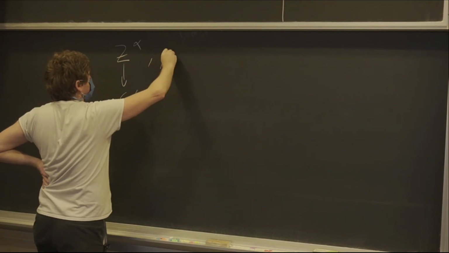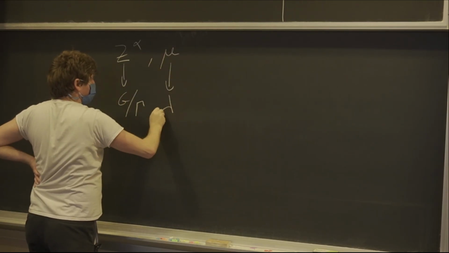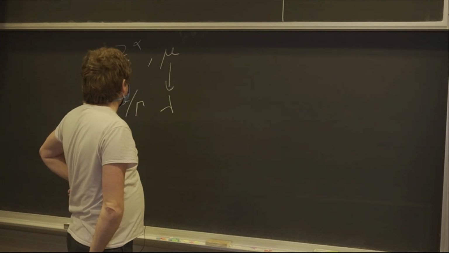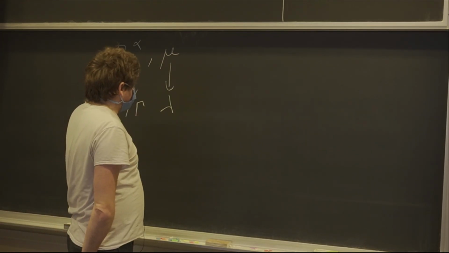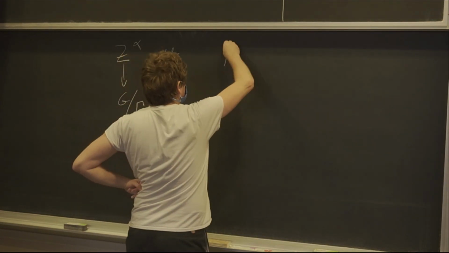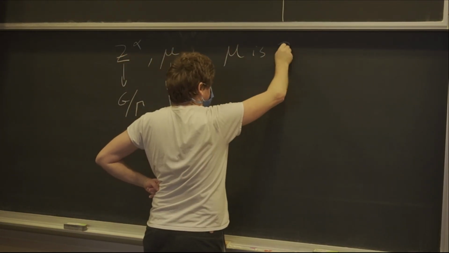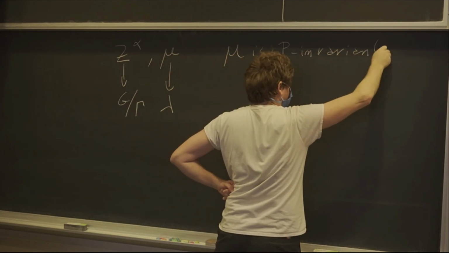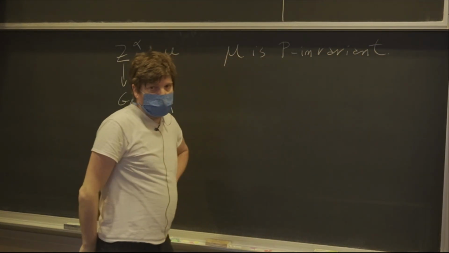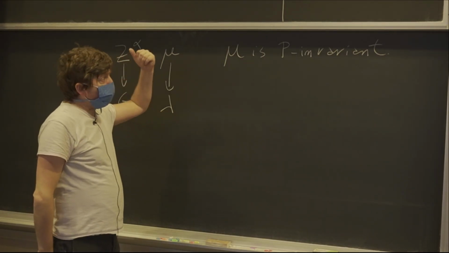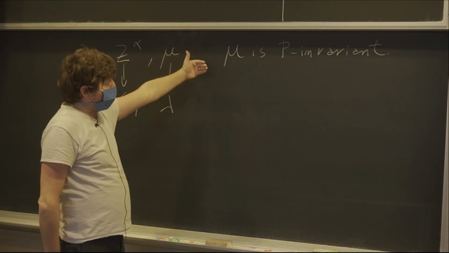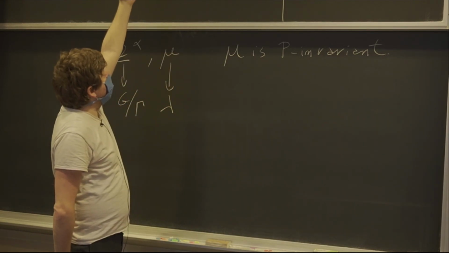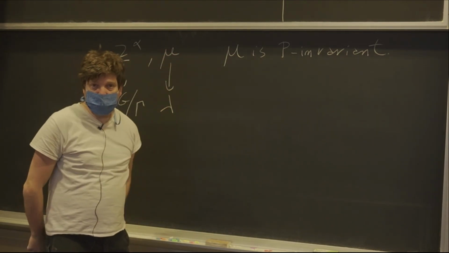We have this measure mu here, and it projects into lambda here. We have that mu is p-invariant. And that's because the mu comes from the graph of h hat, and the graph of h hat is naturally p-invariant because I'm just lifting this p business.